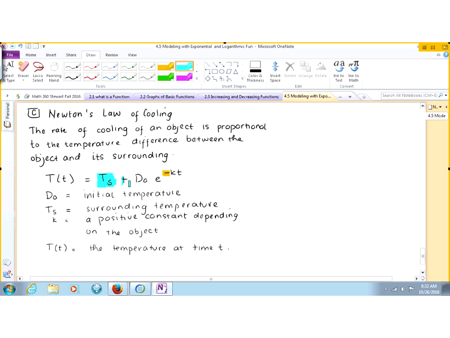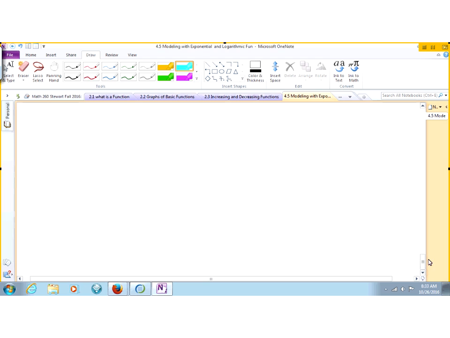Now I was looking at page 381, number 24. Oh, this is the NCIS job here. Okay, so Newton's law of cooling.